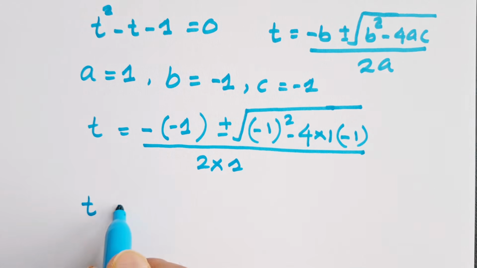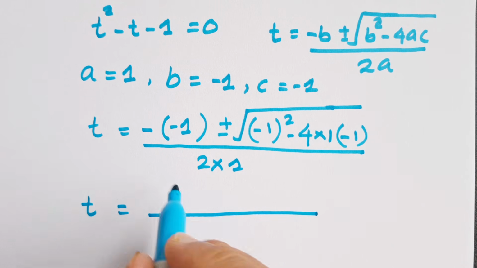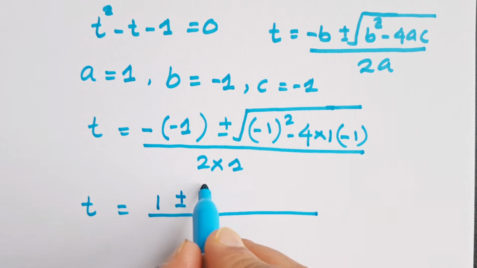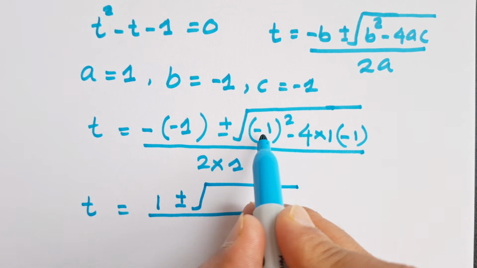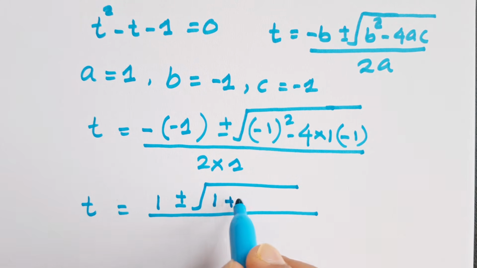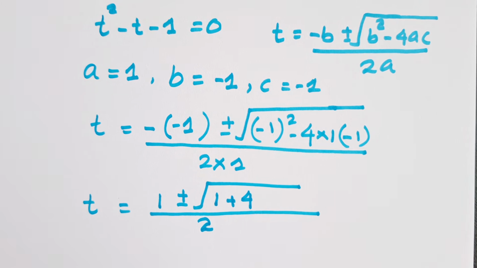Now I have t is equal to minus times minus 1, which is plus 1, plus or minus square root of 1 squared, which is plus 1, minus 4 times minus 1, which is plus 4, divided by 2.